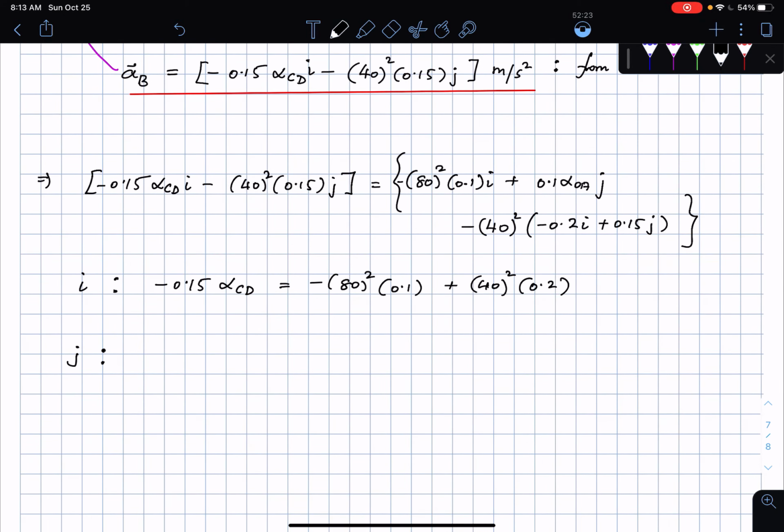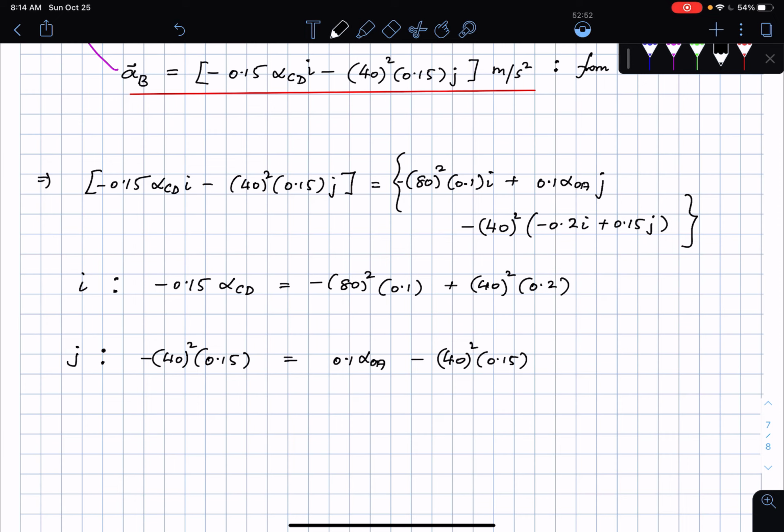Then I'm going to do the same thing in the J direction. In the J direction, everything seems to be hunky-dory. So this is going to be minus 40 square times 0.15, and this is going to be 0.1 alpha OA in the J direction, and minus 40 square times 0.15. And you obviously see that I can solve for alpha CD, and then I can solve for alpha OA.